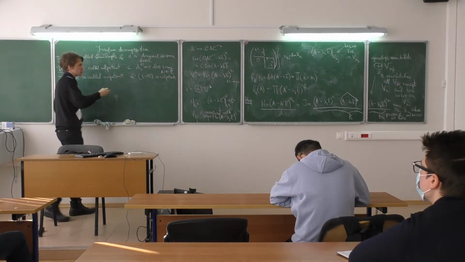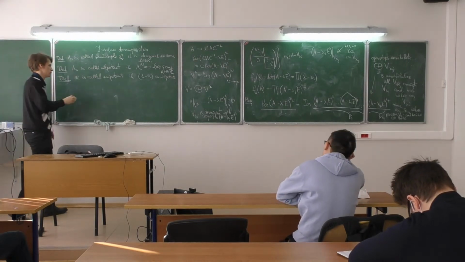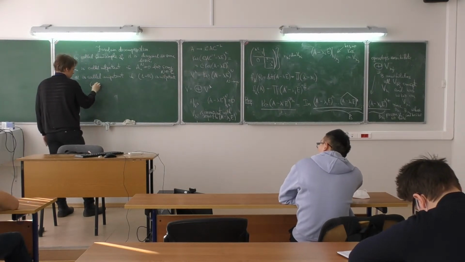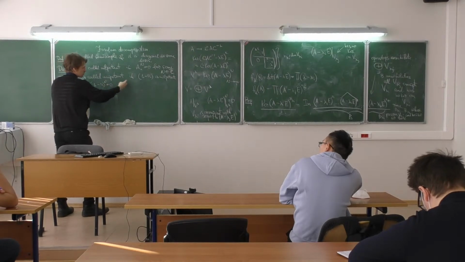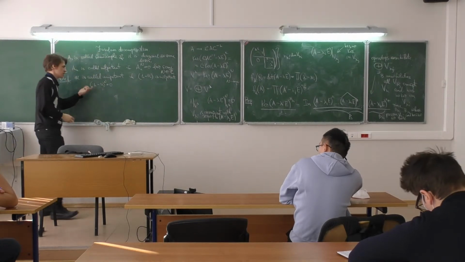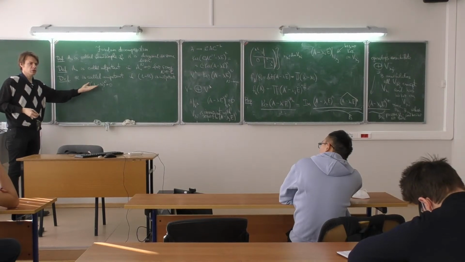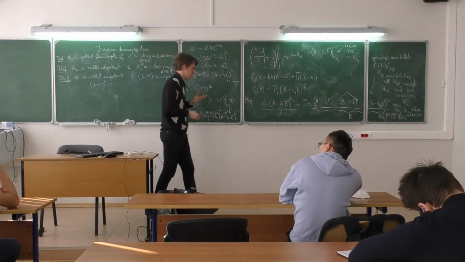So this means that all eigenvalues are 1. It is convenient to say this, since this property can be written algebraically. It gives you a polynomial on the coefficients of the operator.